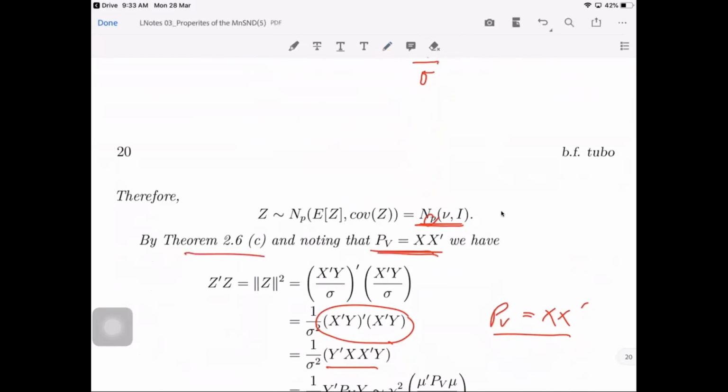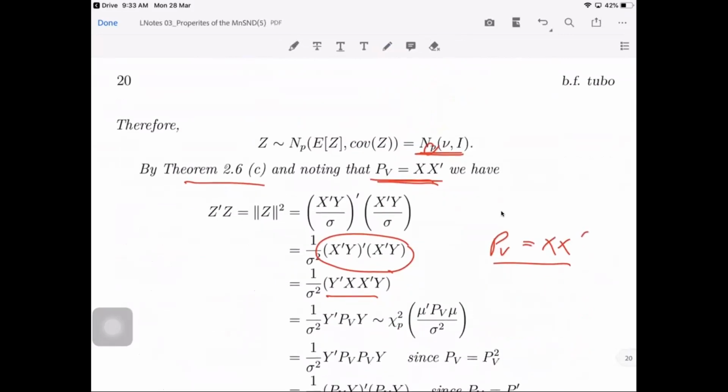Now we get your z prime z, or the square norm of z. So which is this. So this is just written by that. Application of prime, you will have y prime x, because x prime prime is x, then x prime, but this x prime is your PB, so you have their PB.